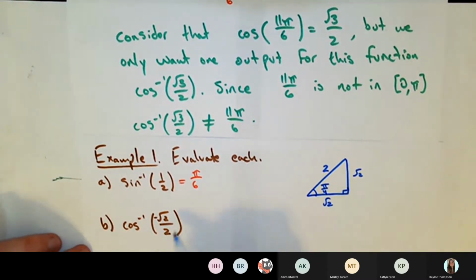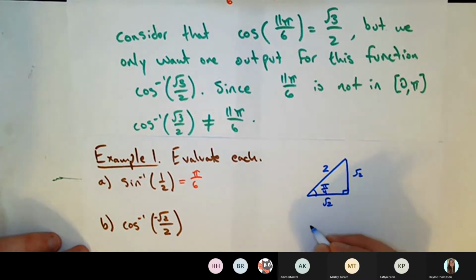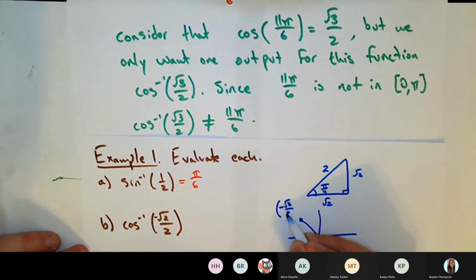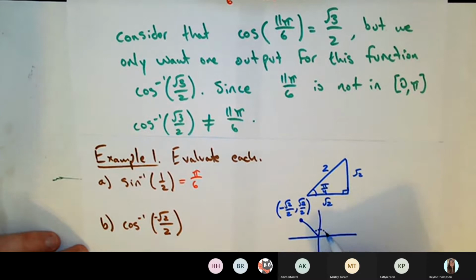And I know that since this is an x value, cosine inverse of some x component of a coordinate point should be equal to some angle. I know that I am in quadrant 2, straight down the middle, because that point corresponds to negative square root of 2 over 2, comma square root of 2 over 2. What is that angle, by the way? That angle is a pi on 4 angle, and it's 3 pi on 4.